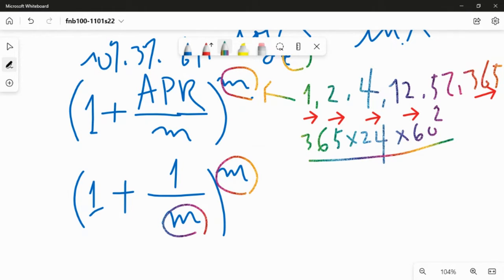What will be the ultimate compounding frequency? The ultimate compounding frequency is, of course, what if it goes to infinity, right? If n goes to infinity.